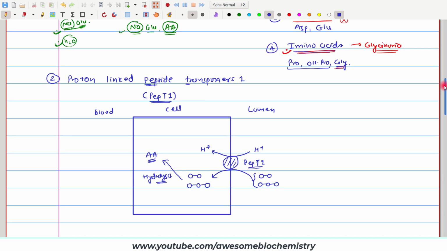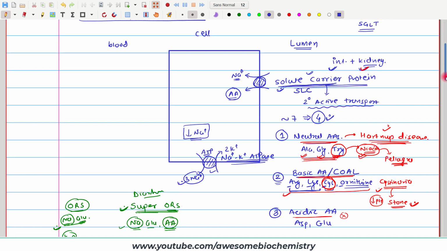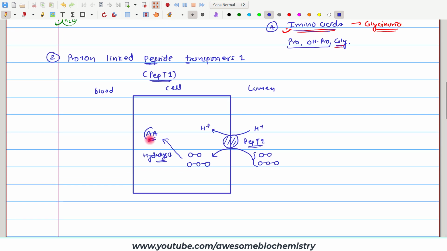Now, you might be wondering what will happen to these amino acids which are inside the cell. By whatever mechanism, it may be the sodium dependent active process, it may be this proton linked peptide transport 1 mechanism, by whatever mechanism amino acids are absorbed, they are immediately transported through this basolateral portion of the cell membrane into the blood by facilitated diffusion.